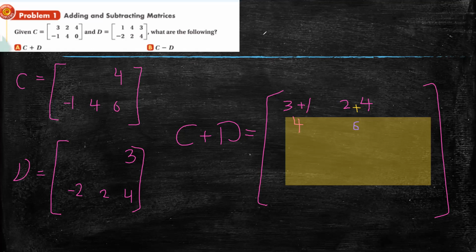And the last one, this 4 with this 3. Add them, you get 7. Now negative 1 plus negative 2 is negative 3.